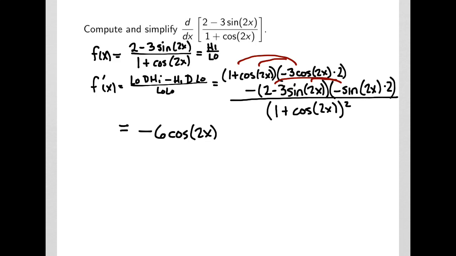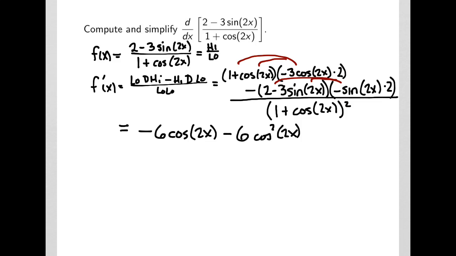And then I get negative 6 cosine times cosine, so I get minus 6 cosine squared of 2x. Now I'll do the next term. So I get 2 times negative 2, so that's negative 4. We are subtracting negative 4.